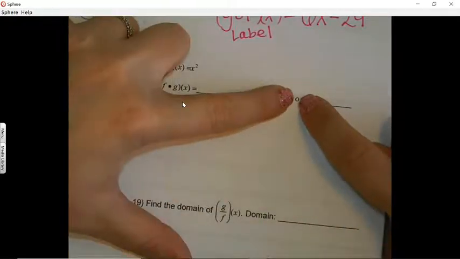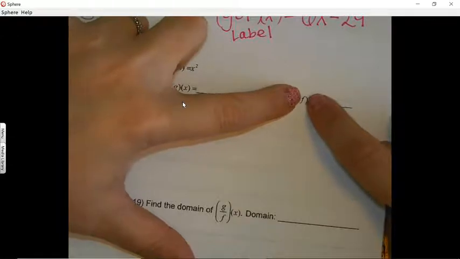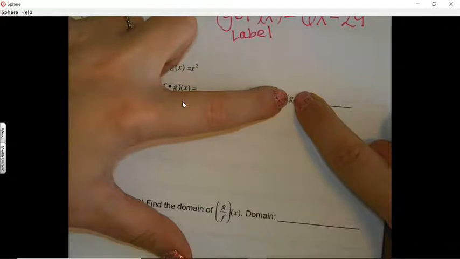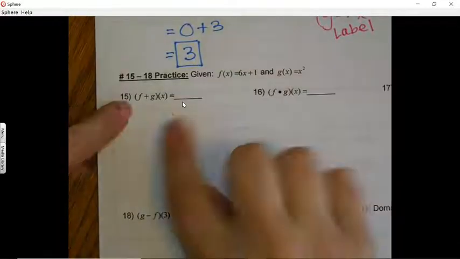So this symbol here means that I'm going to take function f's output and plug it in for function g's input. Whereas number 15 has a plus symbol.